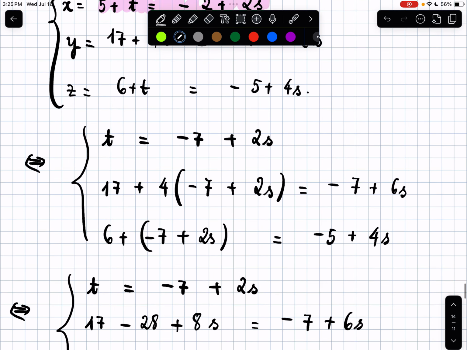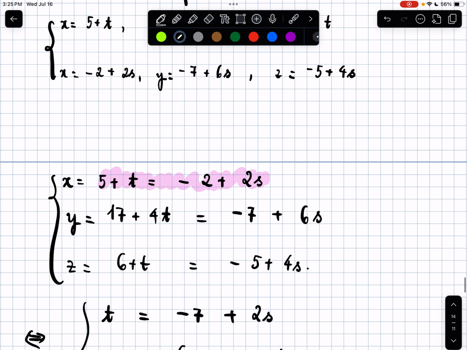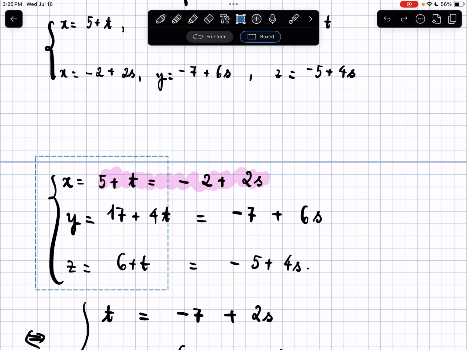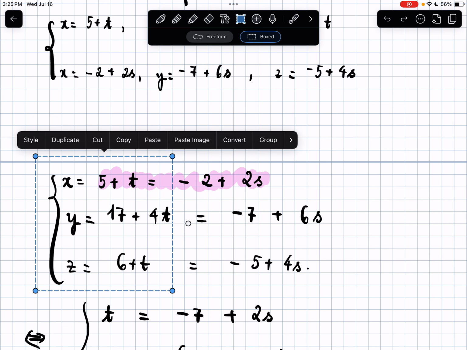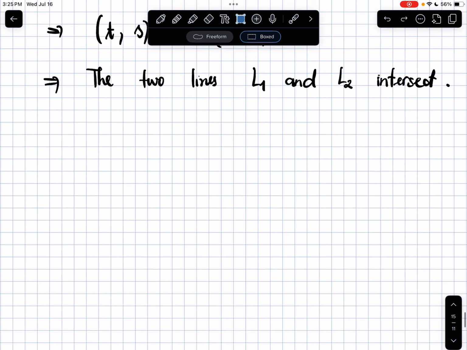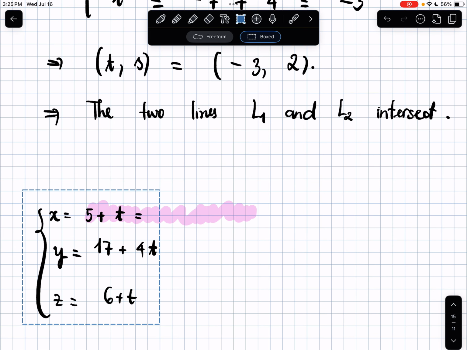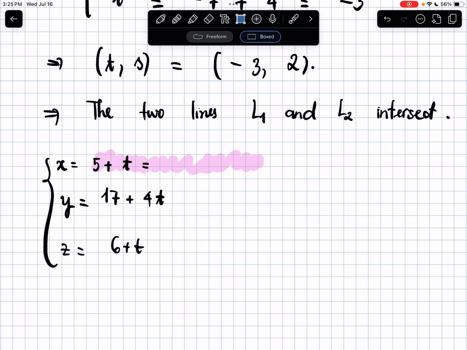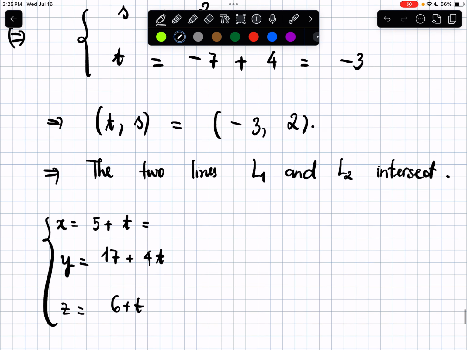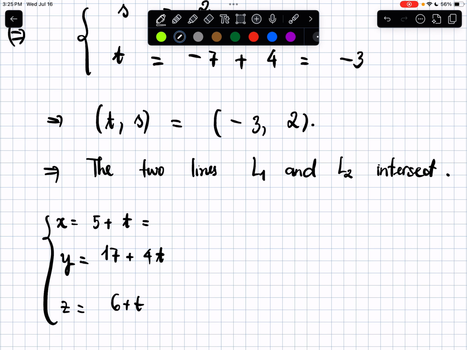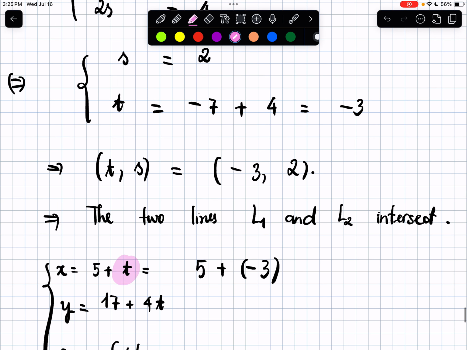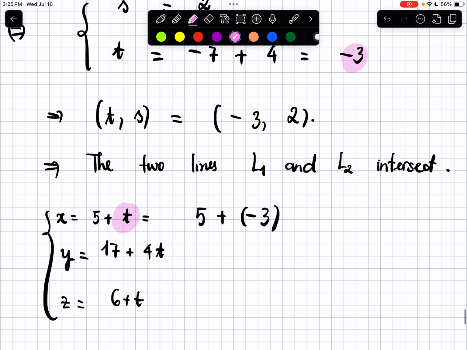Now we plug into the equation defining L1 or L2 to find x, y, and z. Here let's just pick the one defining L1. So 5 plus minus 3, where t equal to minus 3, gives 2.